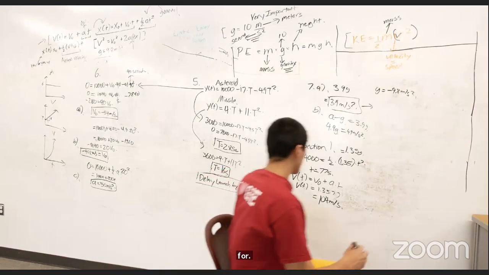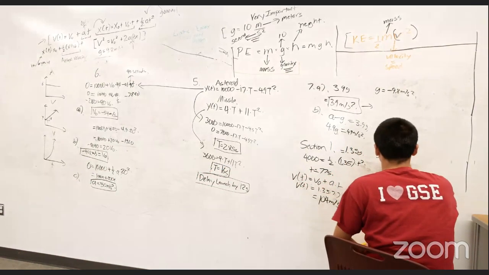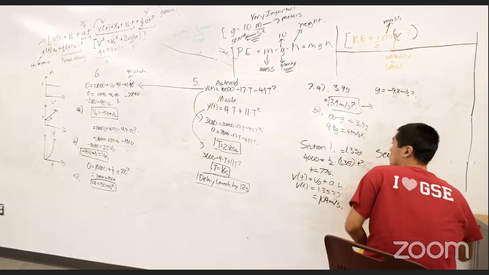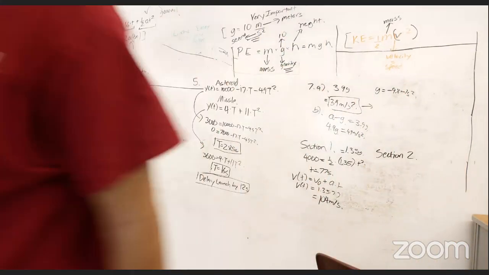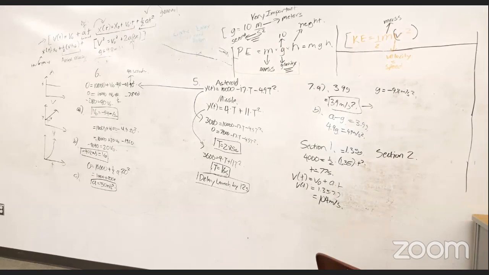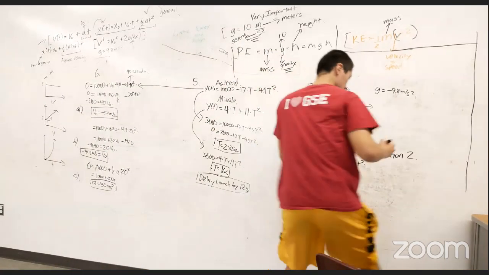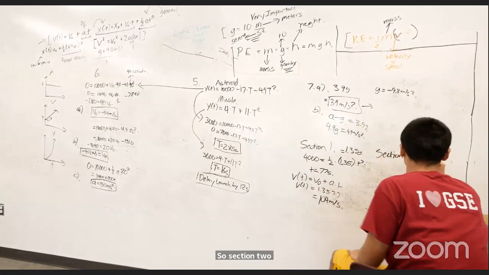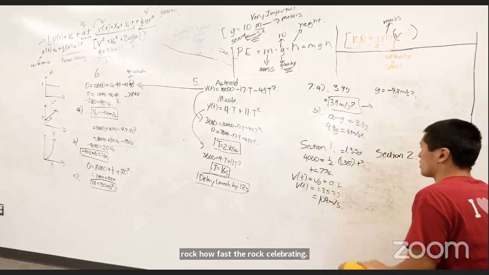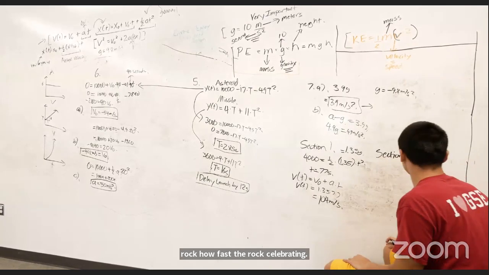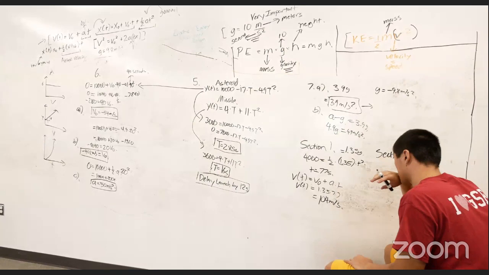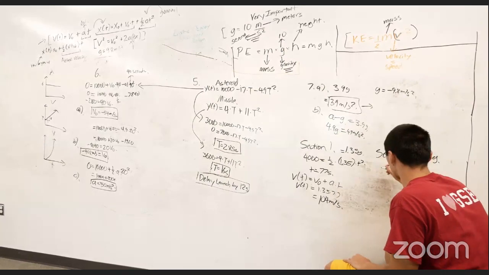Okay, so section 2. The rocket, how fast is the rocket accelerating? It's at 7 G. So again, what we're going to do, so the final position of this is going to be 8,000.